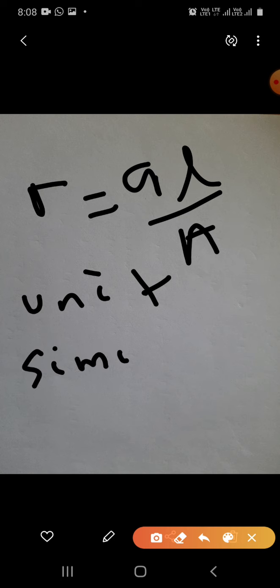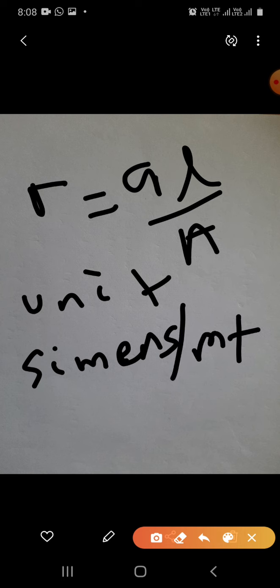So sigma is Siemens per meter. That means the unit of specific conductance or conductivity is Siemens per meter.